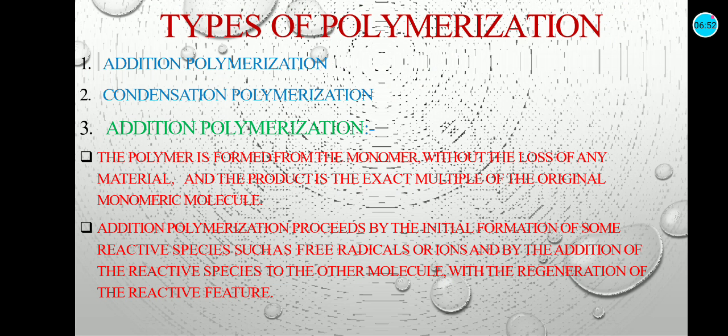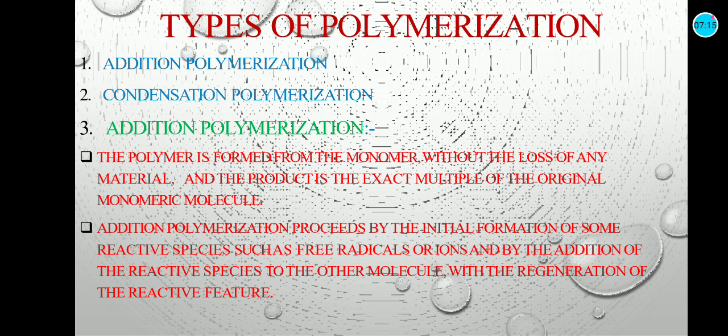Then types of polymerization. First, addition polymerization and second, condensation polymerization. In addition polymerization, the polymer is formed from the monomers without the loss of any material, and the product is an exact multiple of the original monomeric molecule.